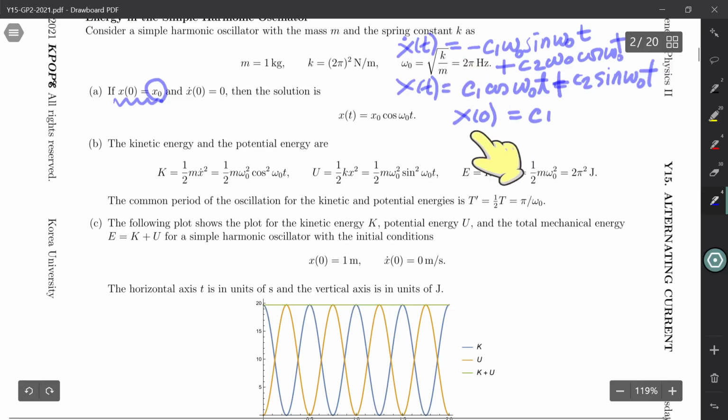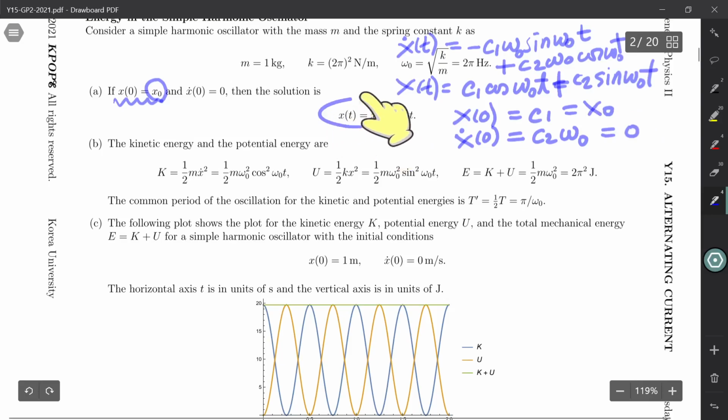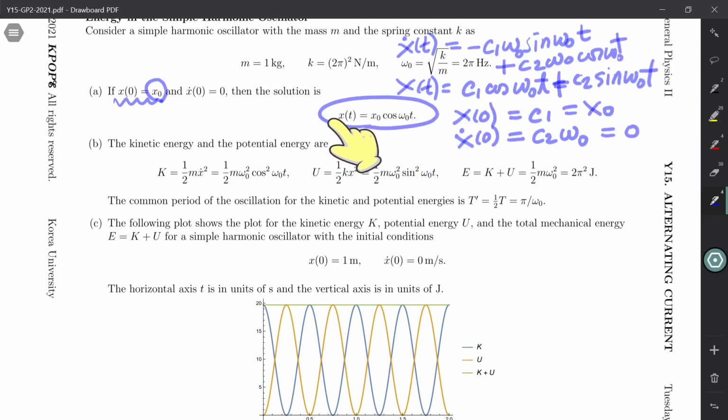We substitute 0; this is 0, this is x0. Therefore, the solution is completely determined as x0 cosine omega 0 t.